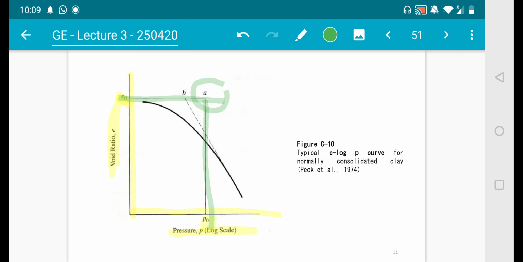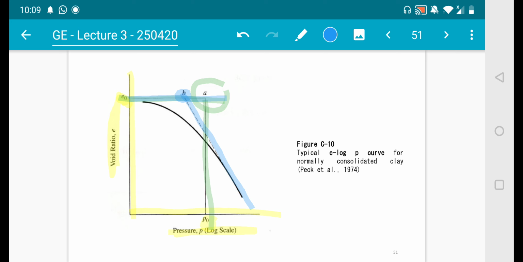The second step is to make a straight line from the bottom, this dotted line here, and wherever it intersects with this line, the symbol B is given, so this point B is given here.